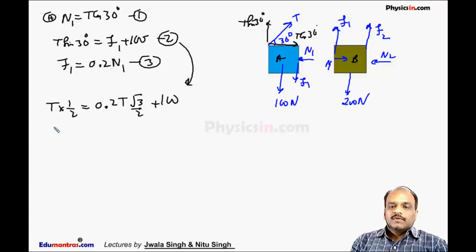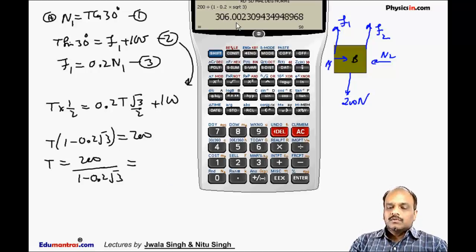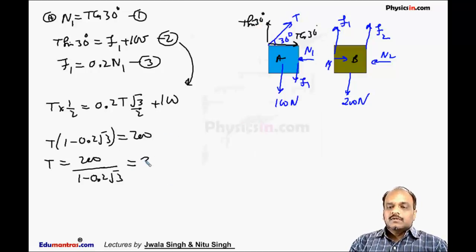From here we can say T into 1 minus 0.2 root 3 is equal to 200, or T is equal to 200 divided by 1 minus 0.2 into root 3. This comes out to be 306 Newton. This is the tension in the string.